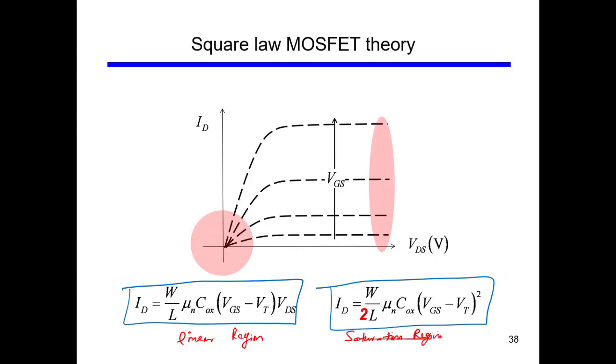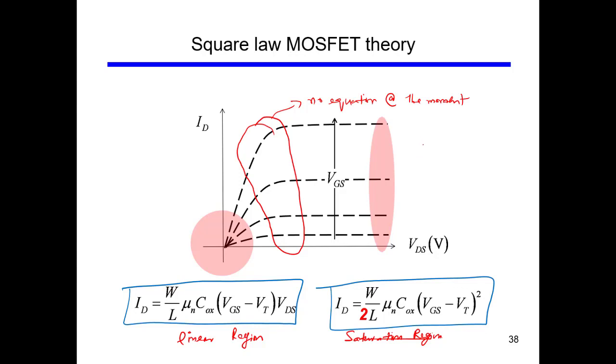But what happens between these two regions? Okay, what happens between these two regions here? We have no equation at the moment. So for this, we need to develop the square law theory.